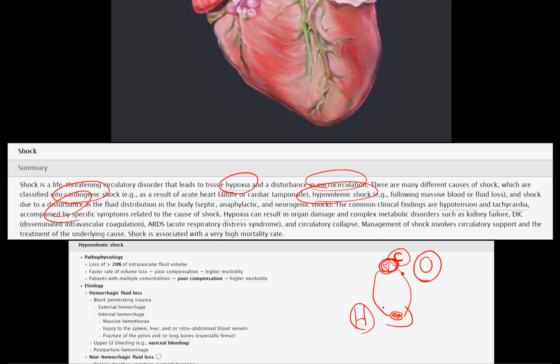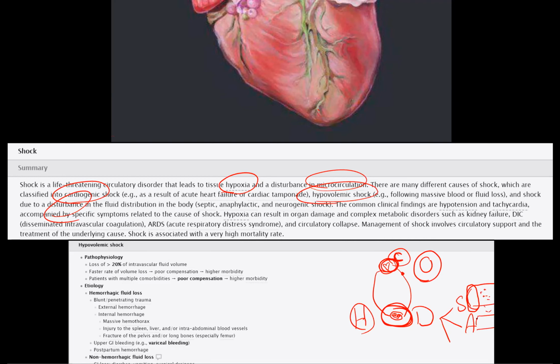Also, with a problem in the capillary, we have distributive shock. Distributive shock, like what? Like septic shock, which is the most common, and anaphylactic shock due to allergy. The body will form hypersensitivity reactions causing toxic metabolites that cause vasodilatation.